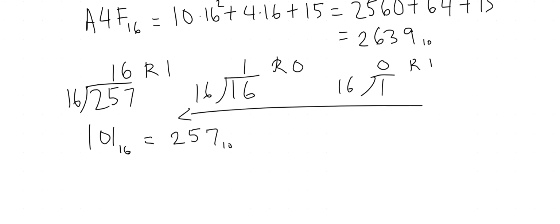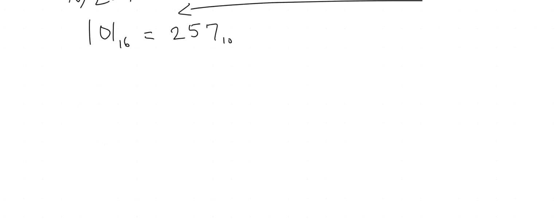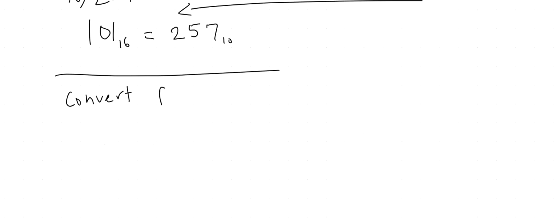So now, have you noticed that 8 and 16 are both powers of 2, right? And this means that there's actually shortcuts if you want to convert from base 2 to base 8 or base 2 to base 16, and vice versa.